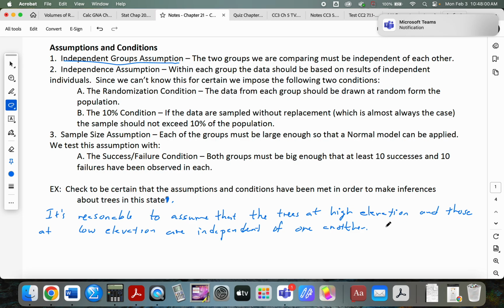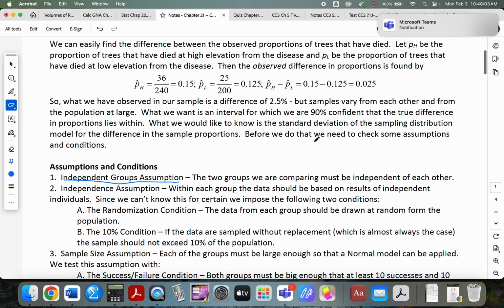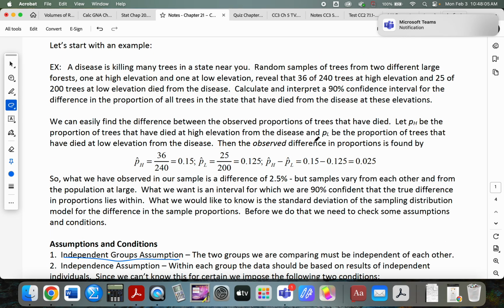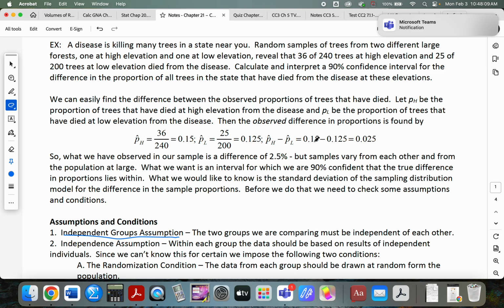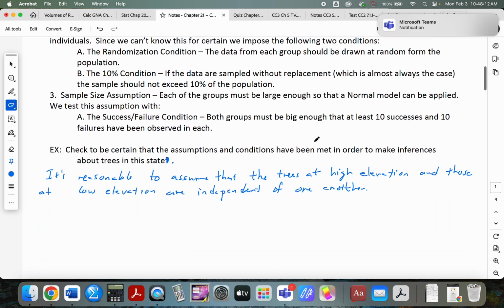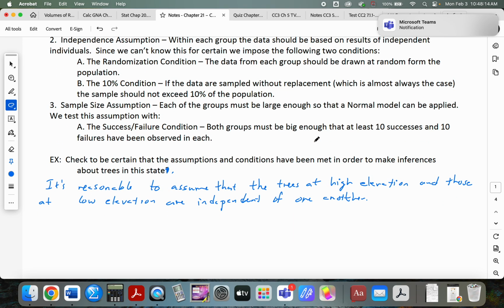All right. So, and then it says it's random samples from 2 large forests. That's going to help us out. The samples are stated to be random, and from large forests.